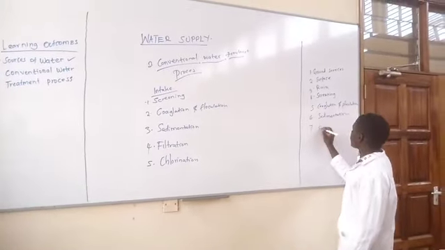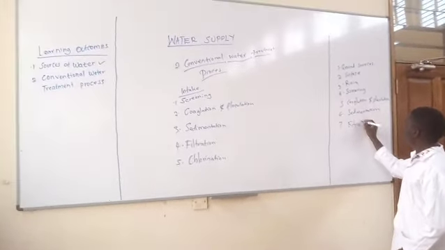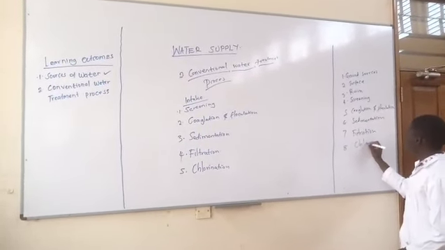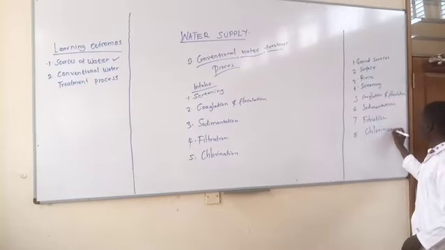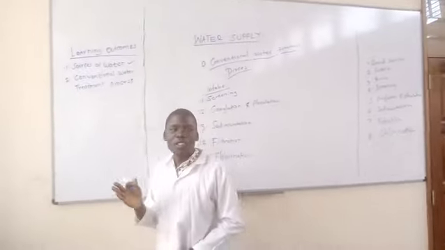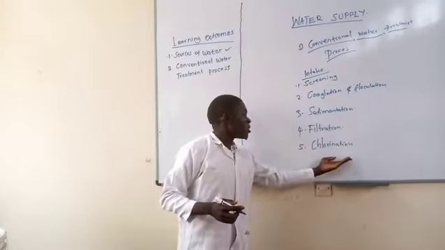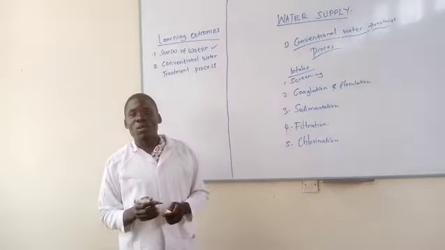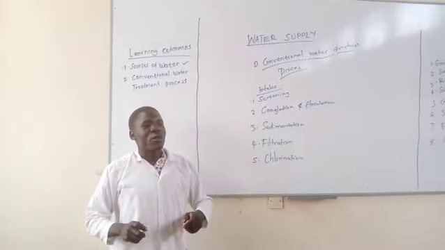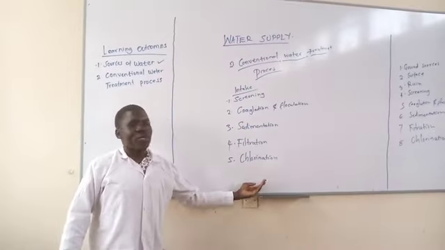So we have filtration, and lastly, application of chlorine, which is chlorination. After this process, we store the water in our storage tank as we allow for aeration. Then from aeration, the water is ready for supply, for consumption.